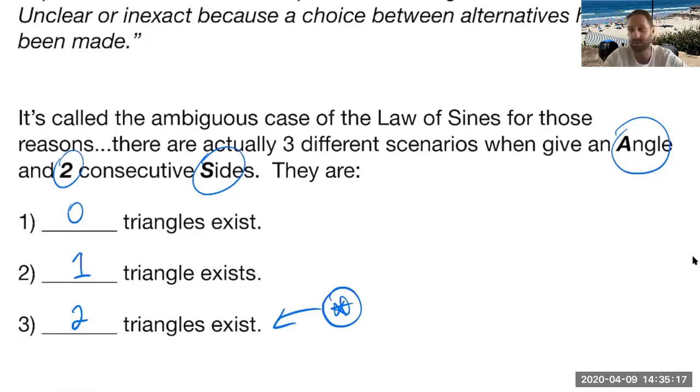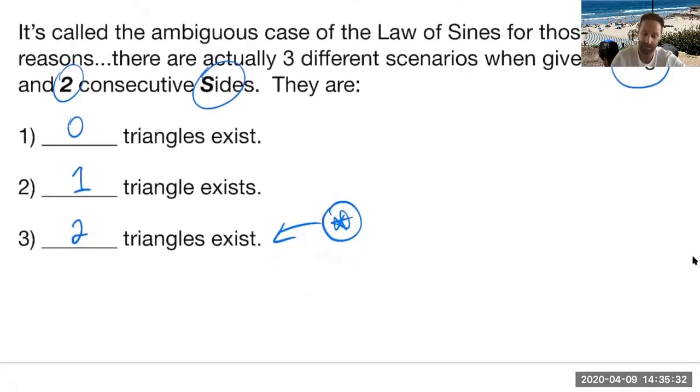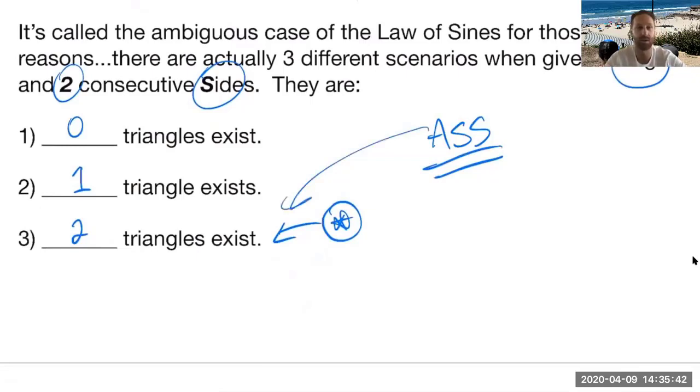And then zero, I'll talk about when that happens as well. But we'll even get into that more in the next section too. So you'll start to see this stuff repeat over and over. And hopefully, as you guys practice, it will become easier and easier. But with this new special case for the angle side side, be careful, because there can be zero, one, or in this case, the one that most students struggle with to understand and comprehend, two triangles.